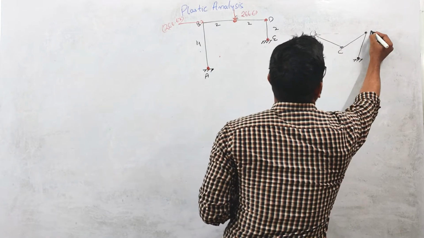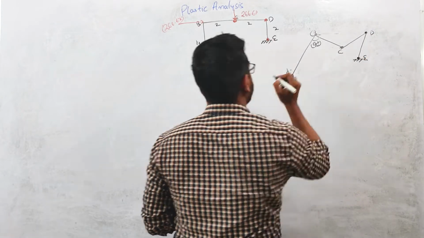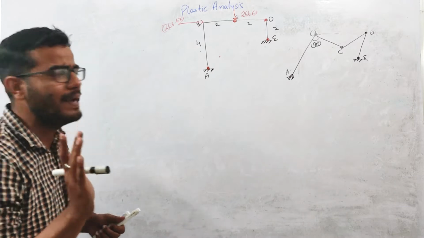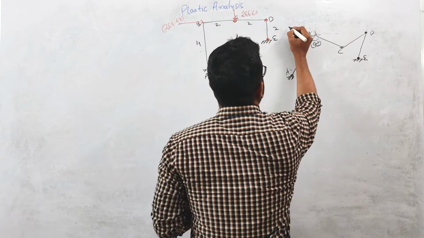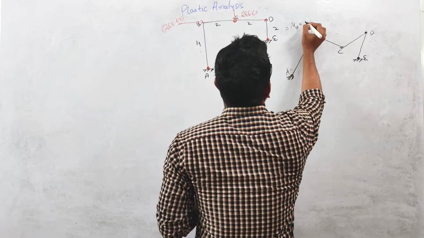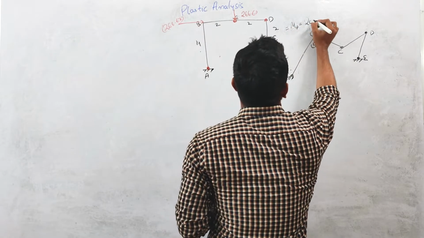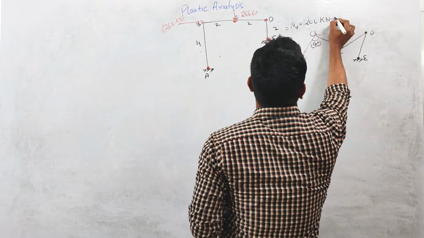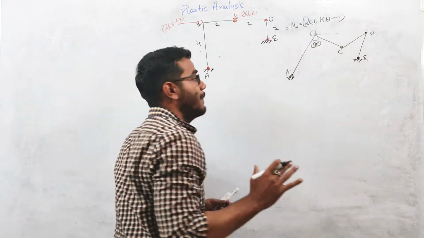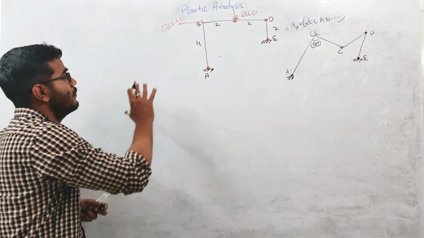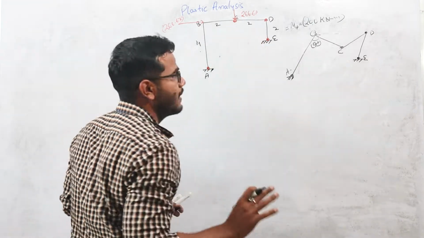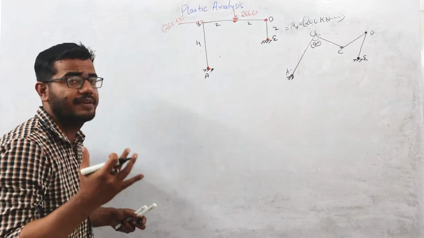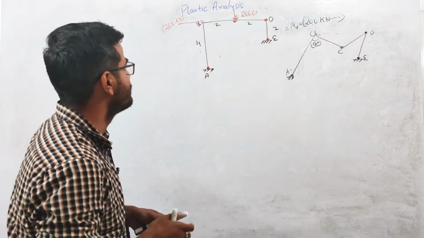This is C, this is D, this is E, this is A, right? We know that moment at this A, C, D and E is equal to MP, and the MP value is given in the question. The value is 200 kilonewton meter. This is the full plastic moment capacity of this cross section, and the cross section of all the members, this beam, this column, this beam and this column, is the same. So that's why the plastic moment capacity is constant, right?